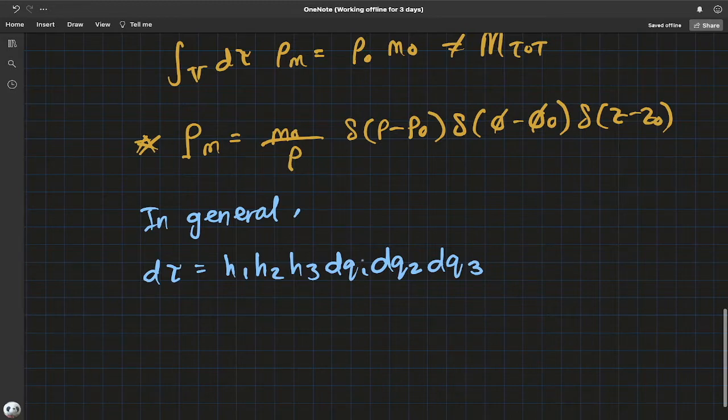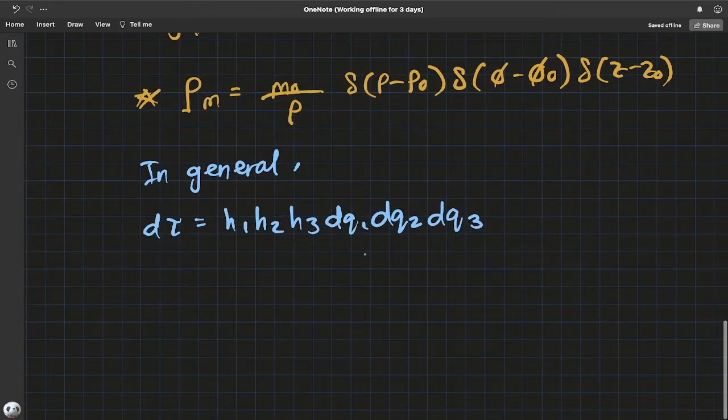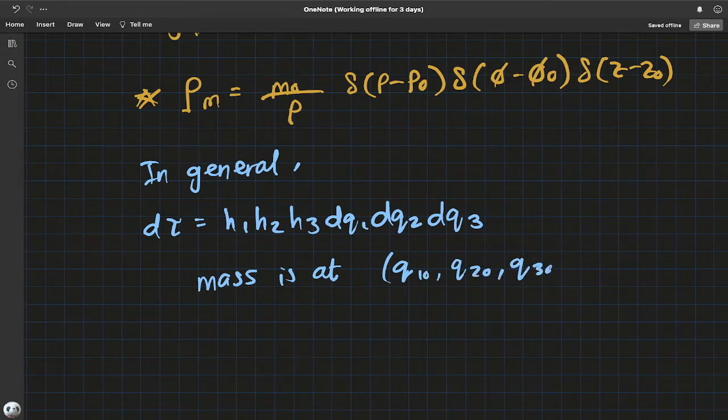This is for free variables q1, q2, and q3 in a general orthogonal curvilinear system. Check one of the videos that I've made in the past couple of weeks if you don't know what I'm talking about. Assume the mass is a point mass, so it will be at one point, q1 naught, q2 naught, and q3 naught.